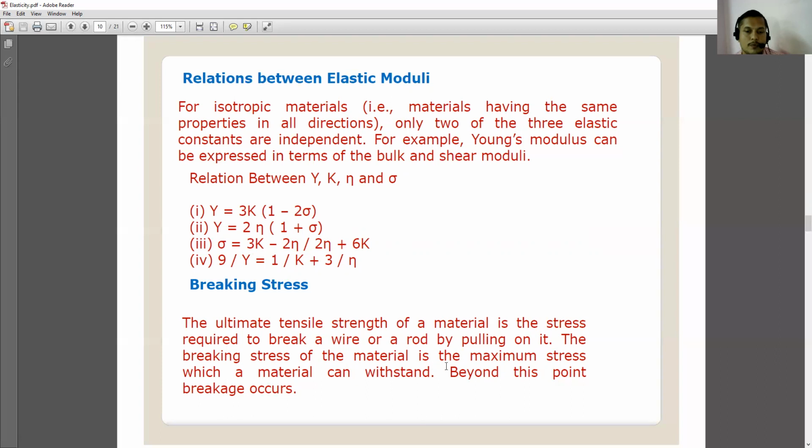The breaking stress of the material is the maximum stress which a material can withstand, up to which the material can bear the load. Beyond this point breakage occurs. If we continue the force beyond that, it breaks. So that's why the name is breaking stress.